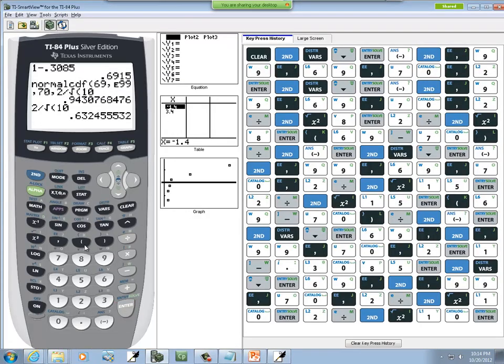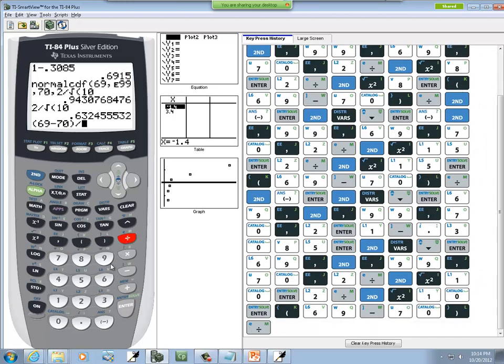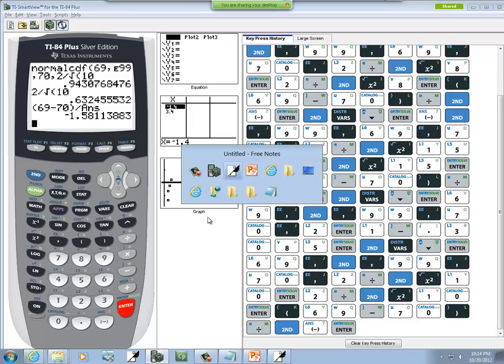So we get beginning parentheses 69 minus 70, closing parentheses, divided by our previous answer, which I can do with second negative, for the answer, enter. Then we get negative 1.58.